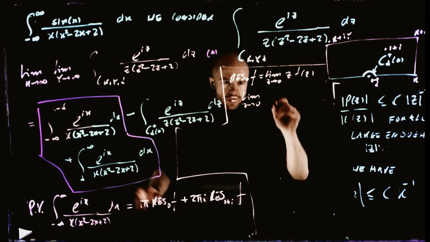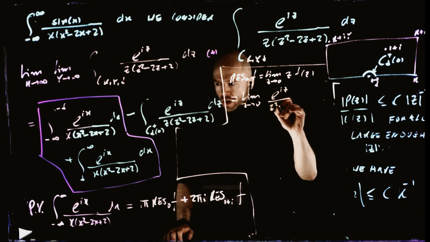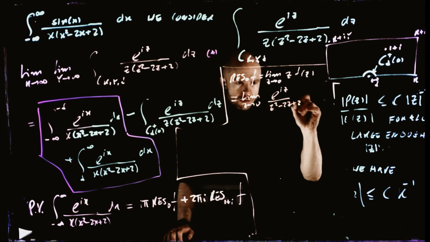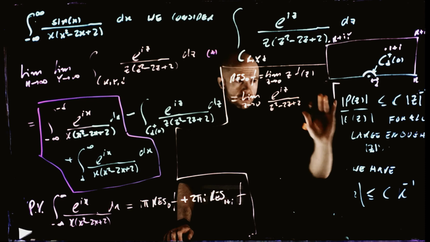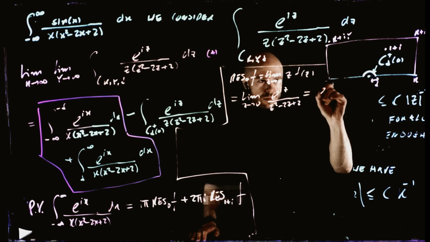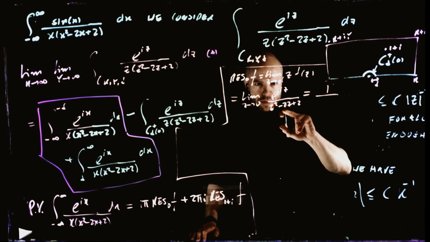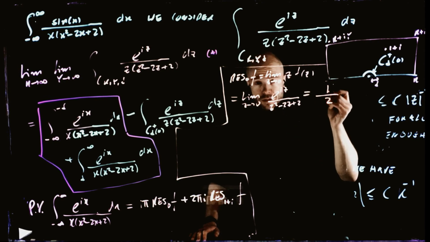This is our function, so it is just e to the iz over z squared minus 2z plus 2. Yeah? And what's that? That thing is just e to the 0, which is 1. And this is just going to be just 2. So this thing is just a half.